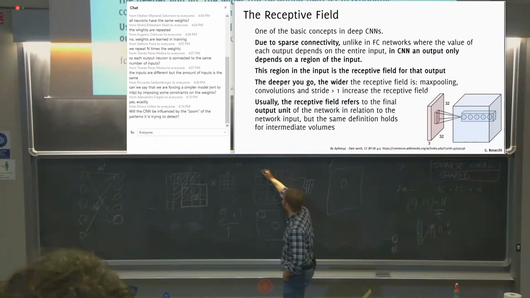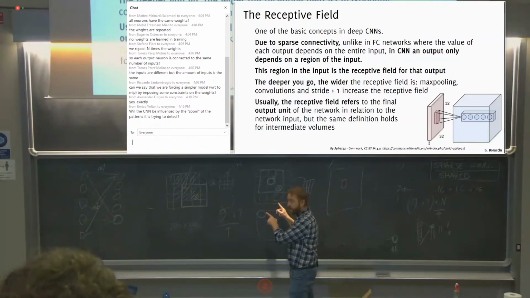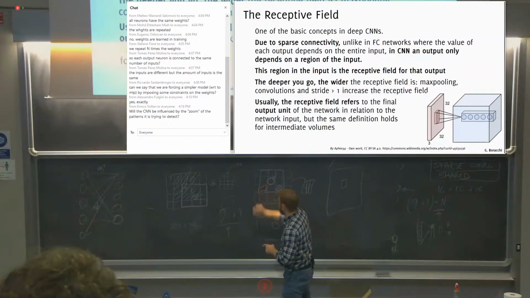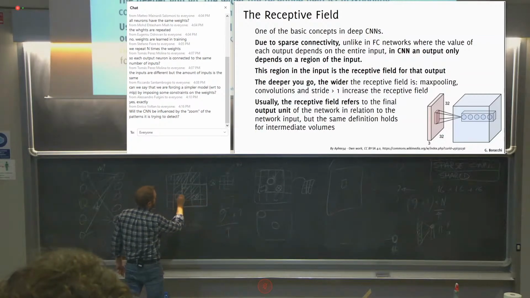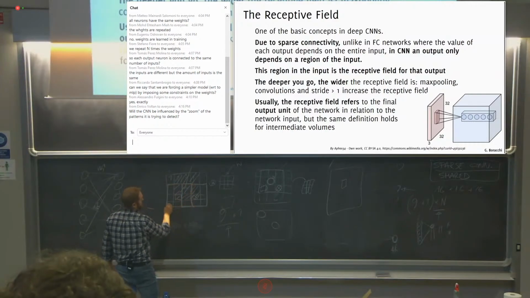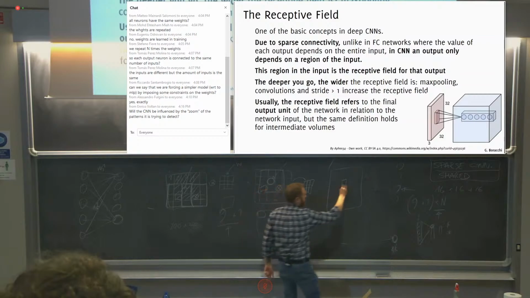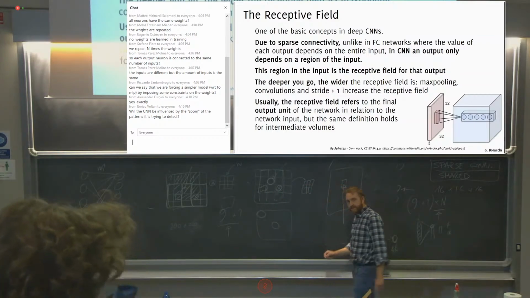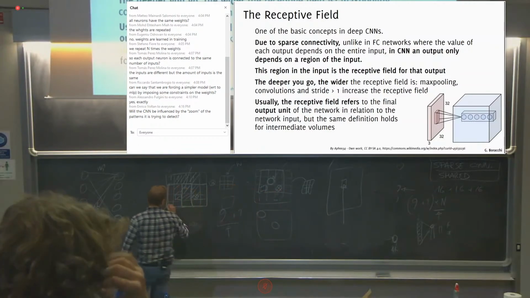There are 9 here, but in the input image, if I'm taking this value as well, let's take it as a square, this means that I'm taking also these other guys. So in this activation, I have also this other guy here contributing.